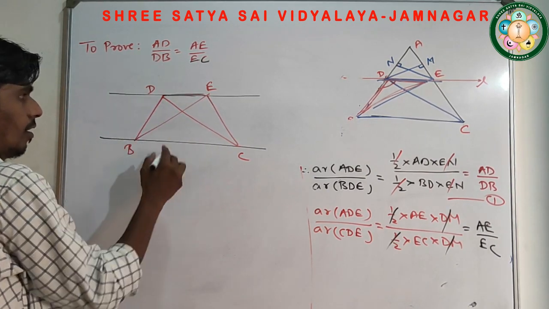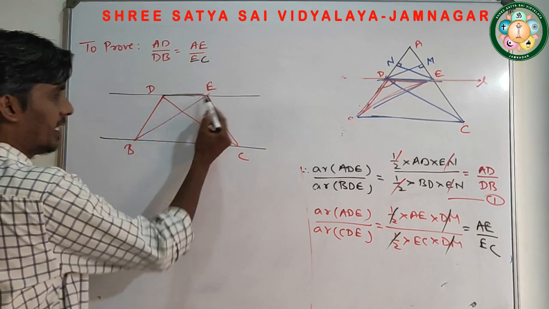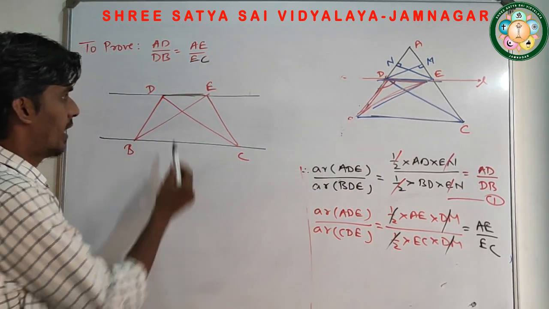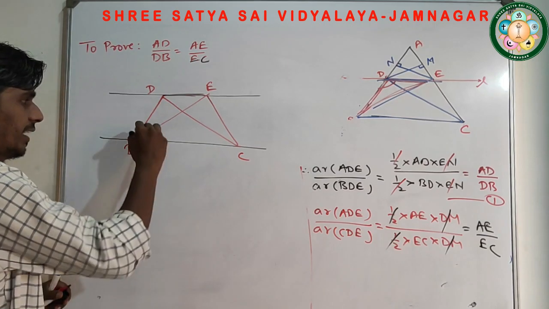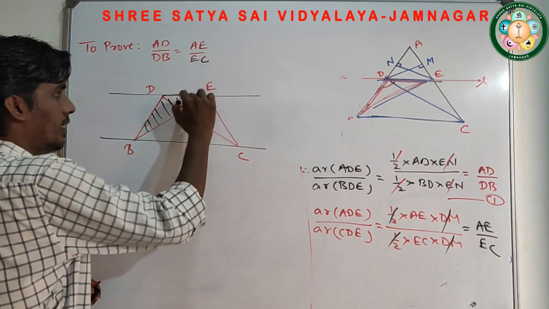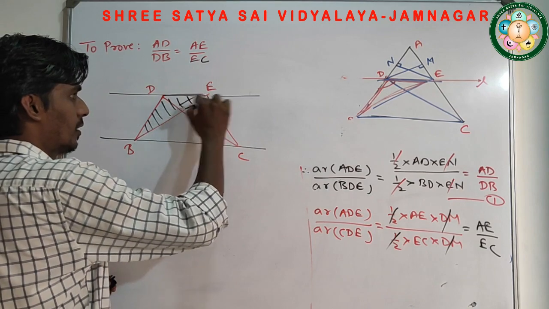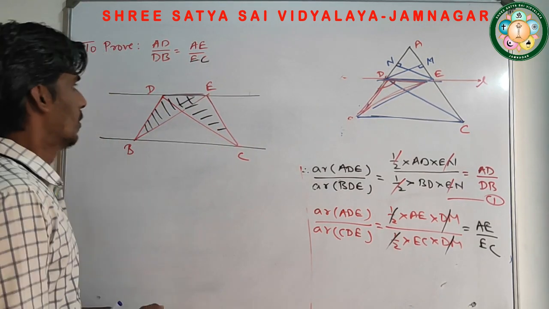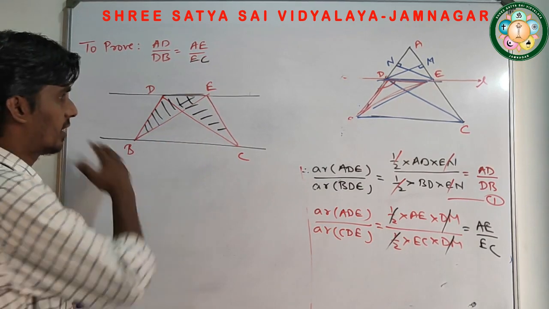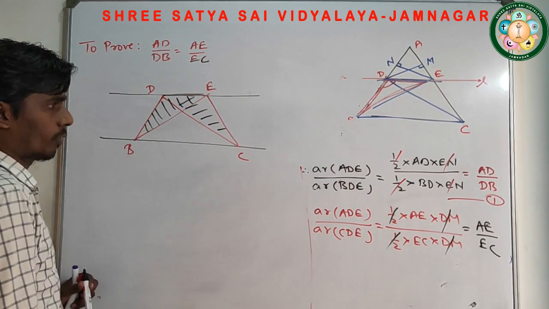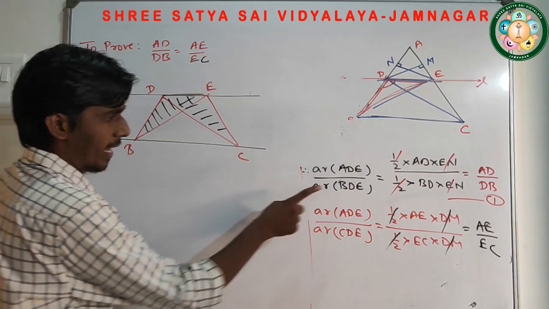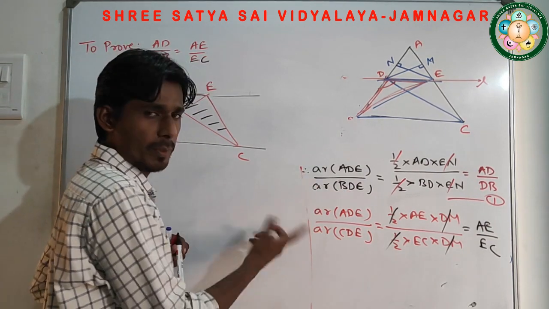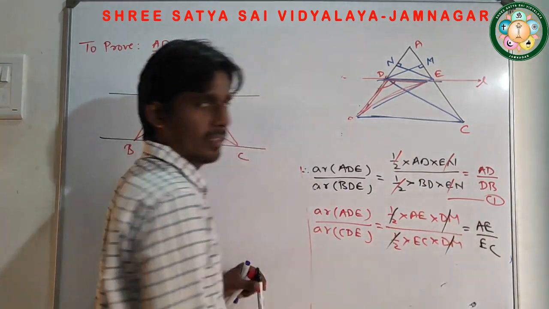As these two triangles BDE and CDE are lying between two parallel lines having common base DE, I can say that the area of BDE is the same as the area of CDE. The areas of these two triangles are equal. If these two areas are equal, I can say that BD is equal to CD. Then these two ratios become equal.